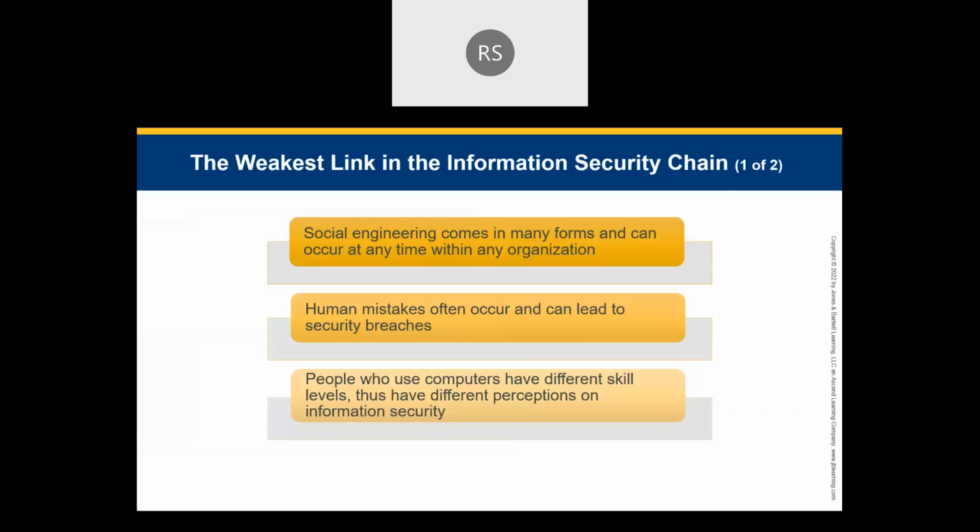So, to address the weakest link in information security, organizations must prioritize employee education and awareness. Security awareness training programs can provide employees with the necessary knowledge and the skills they need to identify and respond to social engineering attacks effectively.